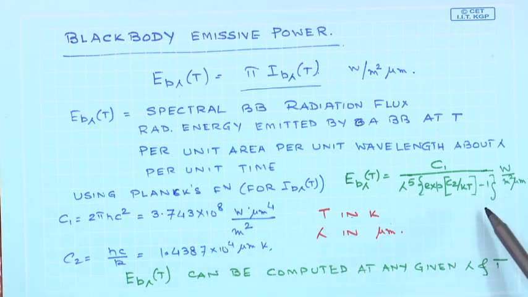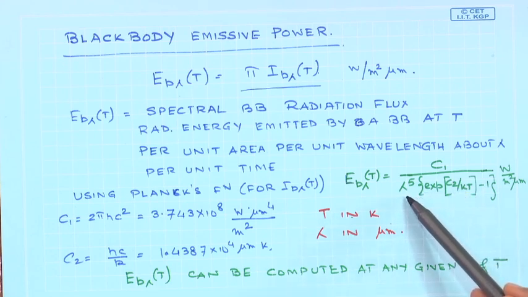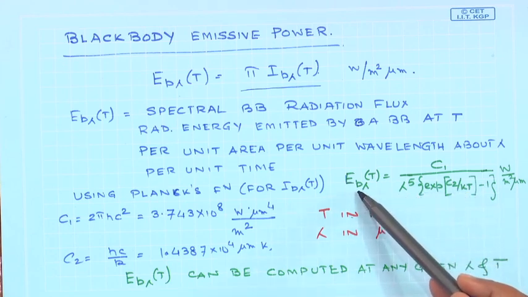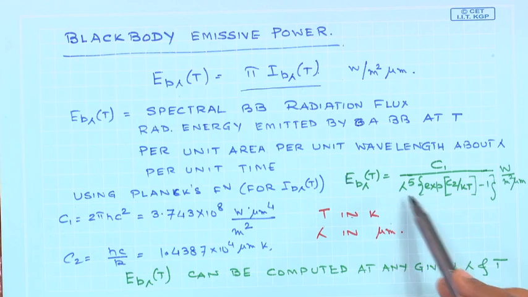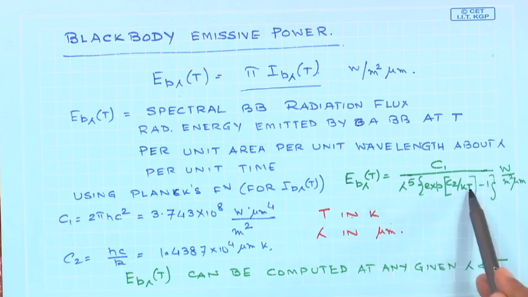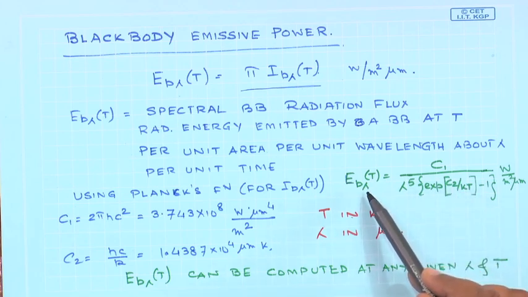What this expression tells us is that at any given temperature and at any given wavelength, E b lambda T can be computed. So, E b lambda T is a function both of temperature and of wavelength, and therefore, if we know the wavelength and the temperature, the blackbody radiation flux can be computed.